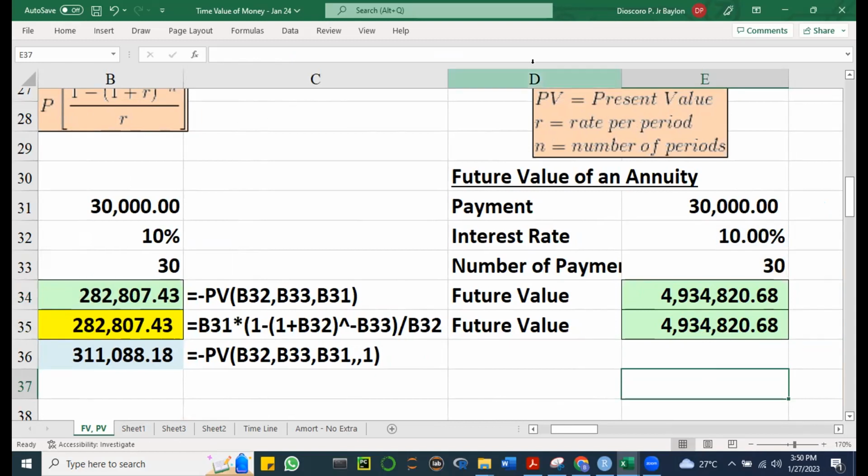Now it's important for us to understand that these are equivalent figures. If I ask you which is better, assuming that the rate of return is 10%, getting 282,807.43 now, or getting 30,000 for the next 30 years at 10%?